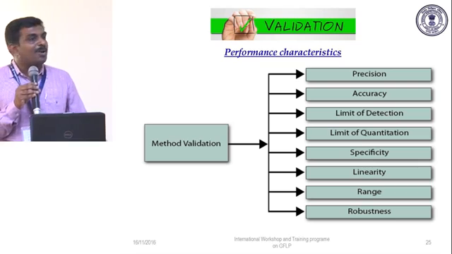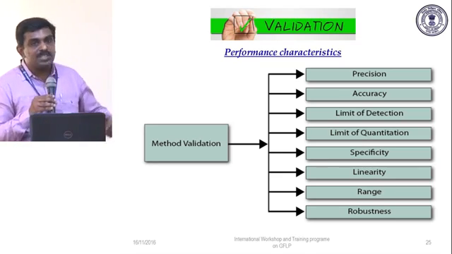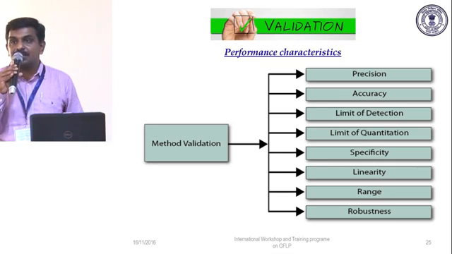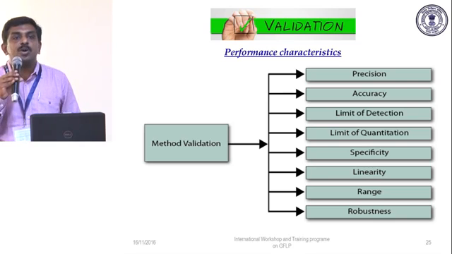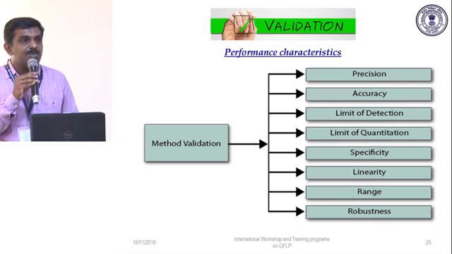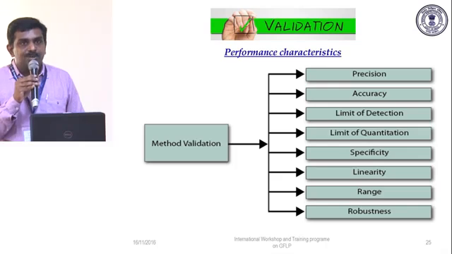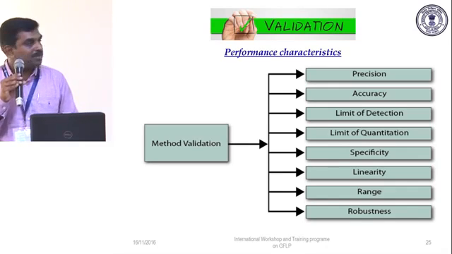These are almost the same as what we are discussing in this topic, except measurement uncertainty, which I have not mentioned. It will be separate. Once you complete your validation, you use that data to calculate MU.